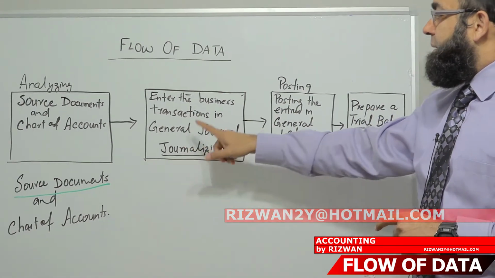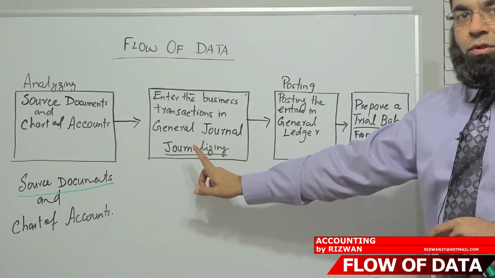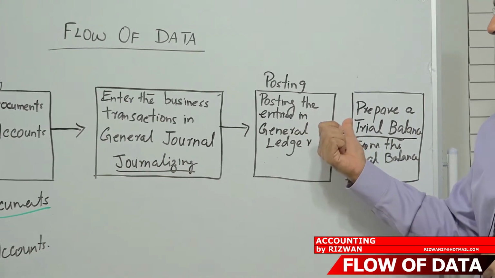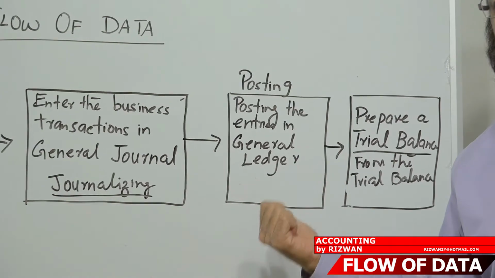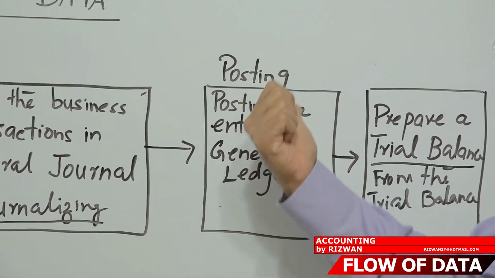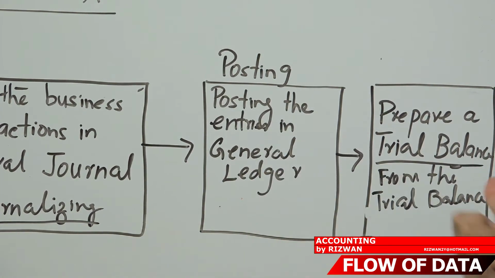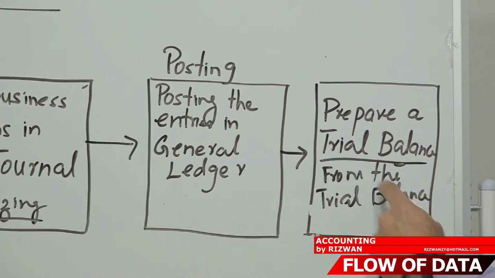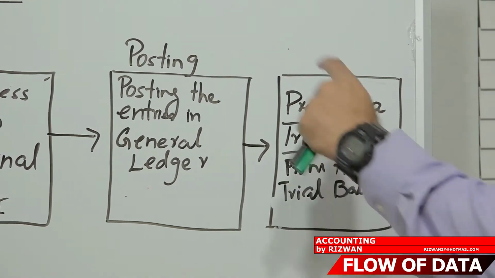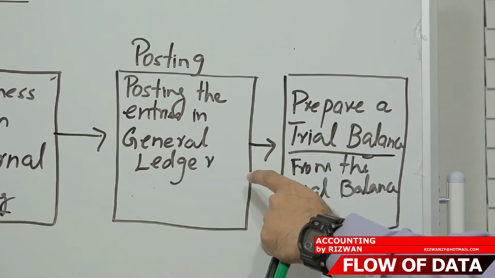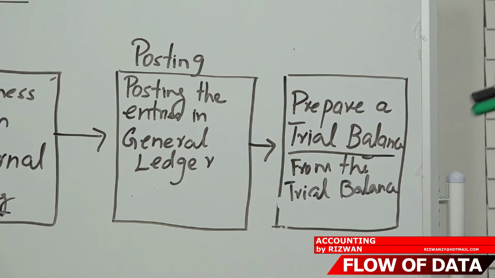Then, based upon what we have in the general journal, we put that information in the general ledger. The process is called posting. And then we make the trial balance based upon what we have in our general ledgers for different accounts.